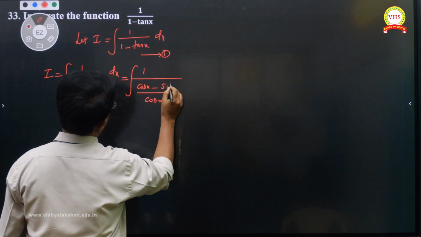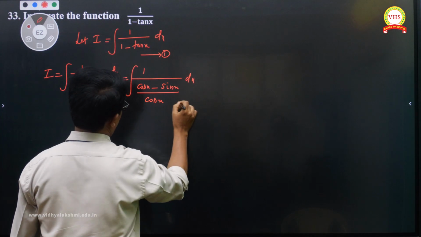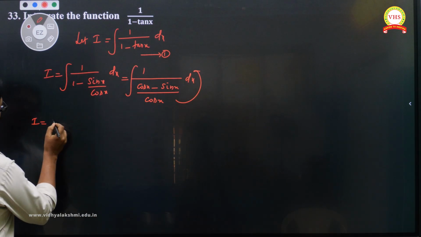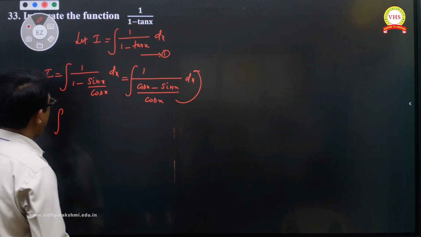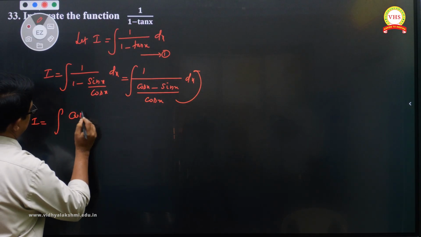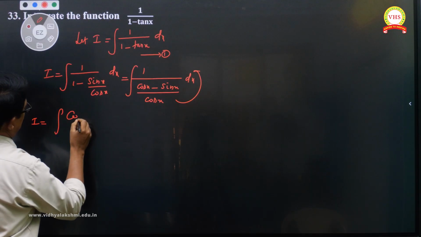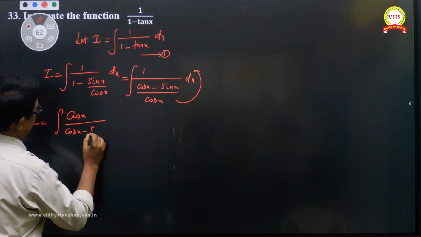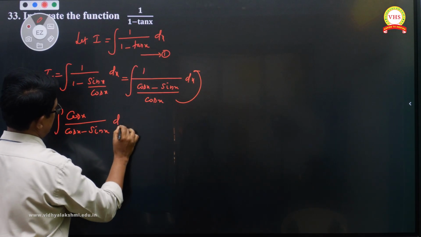So we get cos x divided by cos x minus sin x into dx. Now this comes in the place of the numerator. That is, I equal to integral cos x divided by cos x minus sin x into dx.